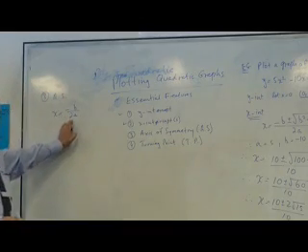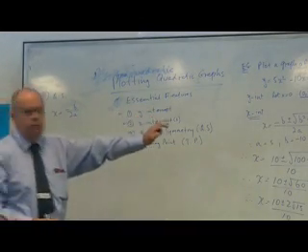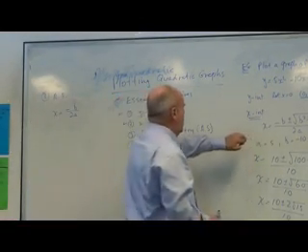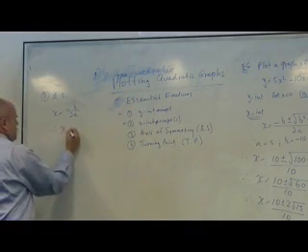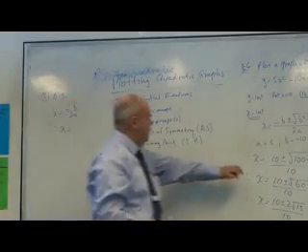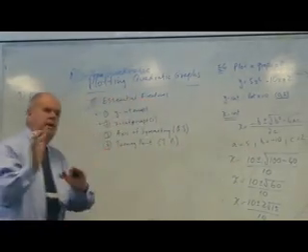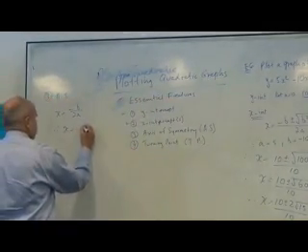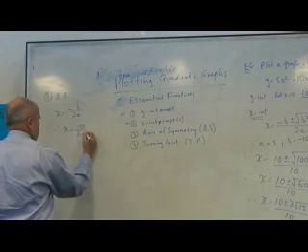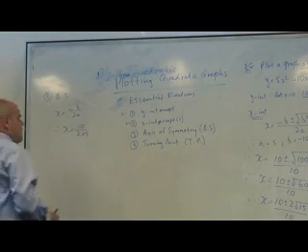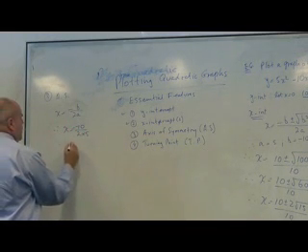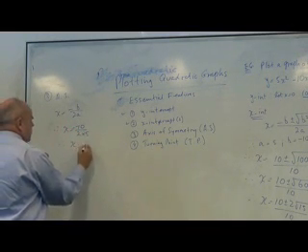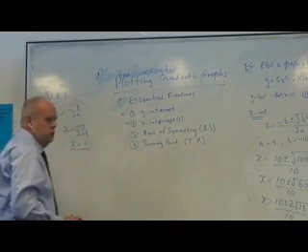Negative b on 2a, I'd encourage you strongly to remember that off by heart. Okay, so what does that come to? Well, x equals, we said b was negative 10, so negative 10 is positive 10, and 2a is 2 times 5. Okay? I might put the negative bit in there so you can see where everything's coming from. So that's going to simplify to the rather convenient x equals 1.